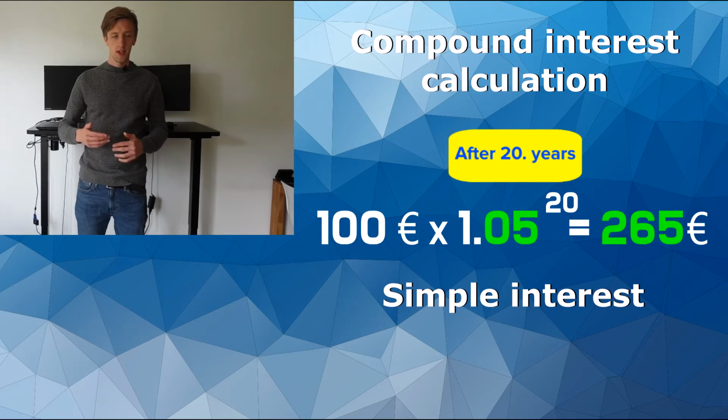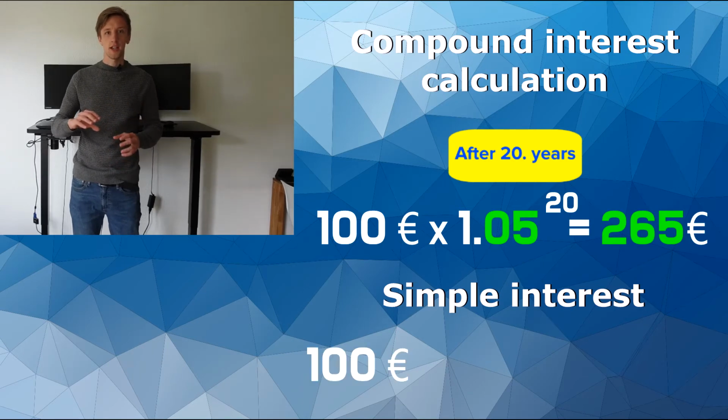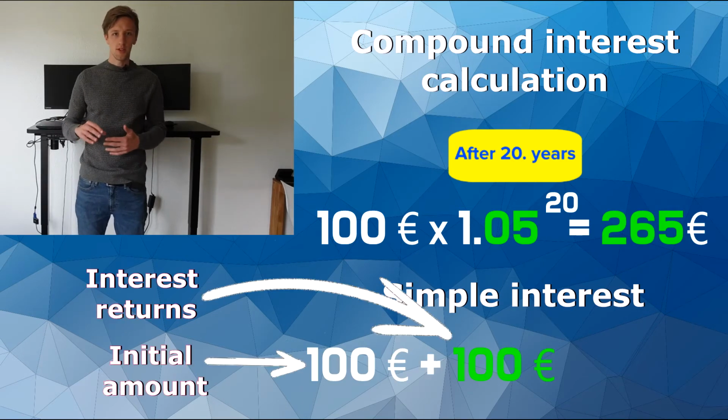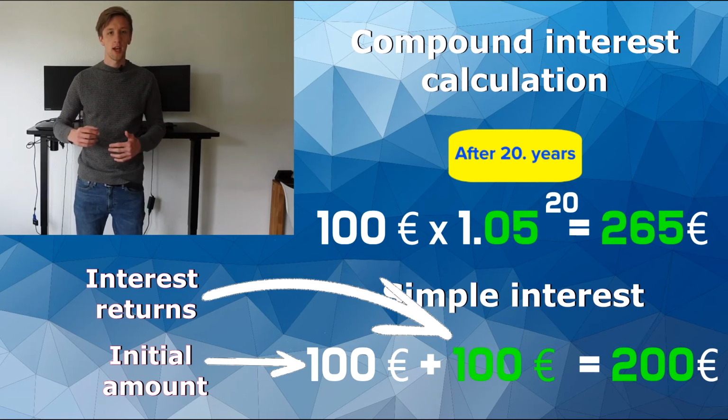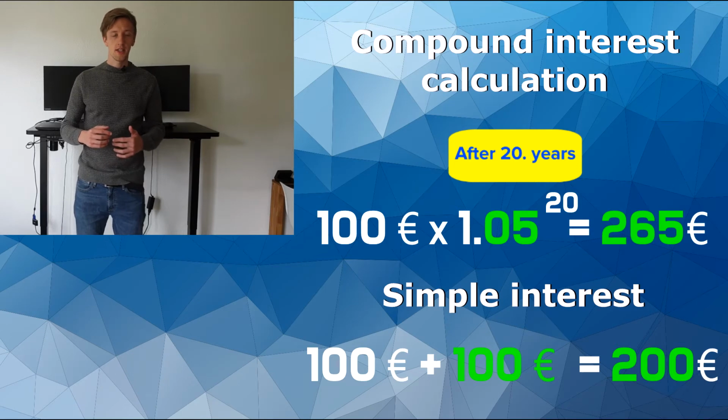With a simple interest effect, we would have earned 100 euros in interest and would have our 100 euros back. So in total it would be 200 euros with simple interest and 265 with compound interest. And the difference here in this example is 65 euros.